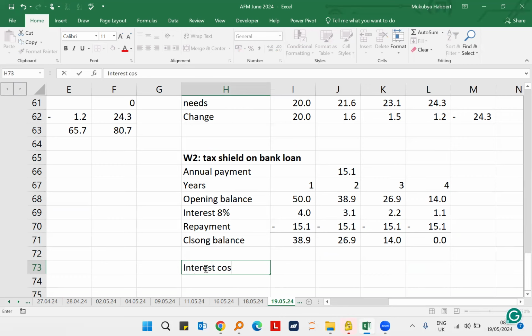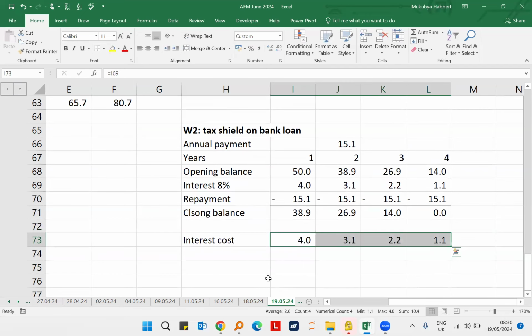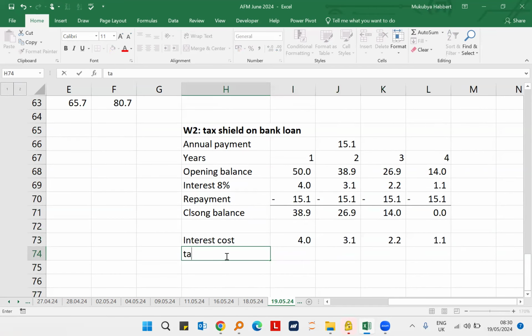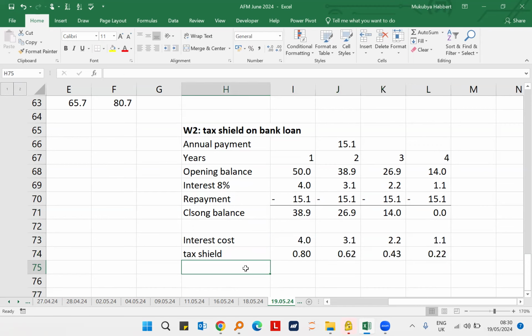So the interest cost is this 4, 3.1, and so on. Then the tax shield. Remember, we are paying tax at 20%. That's the tax shield. Then we are going to discount it.